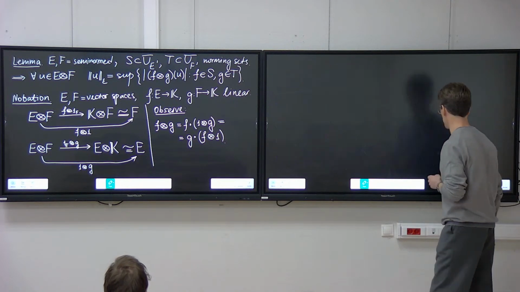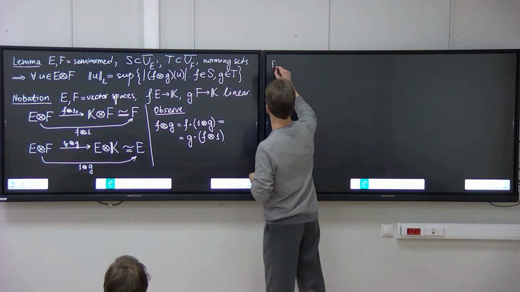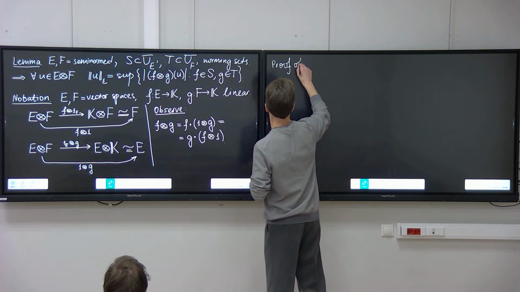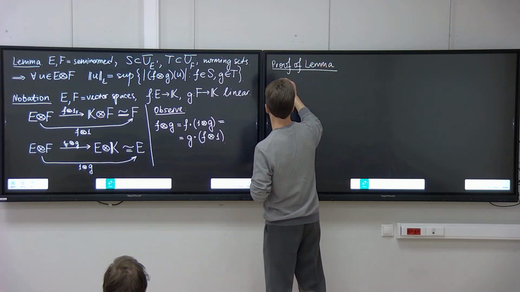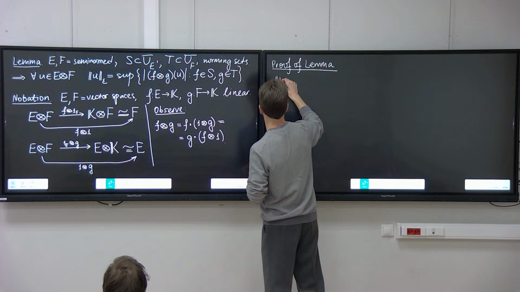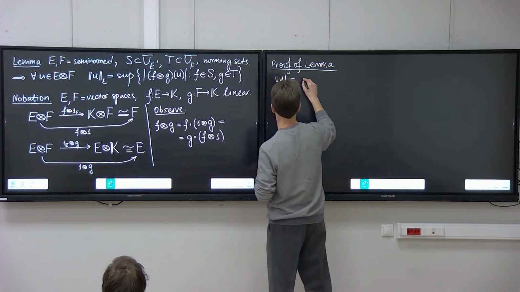Okay, so now let's prove our lemma. So by definition, the injective tensor seminorm of U is the following supremum.